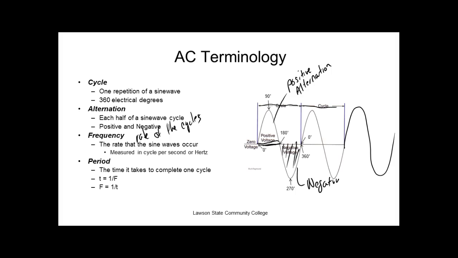Alabama Power's period would be what? If I'm doing 60 cycles in 1 second, how long would 1 cycle last? What would the period be? 1/60th of a second.